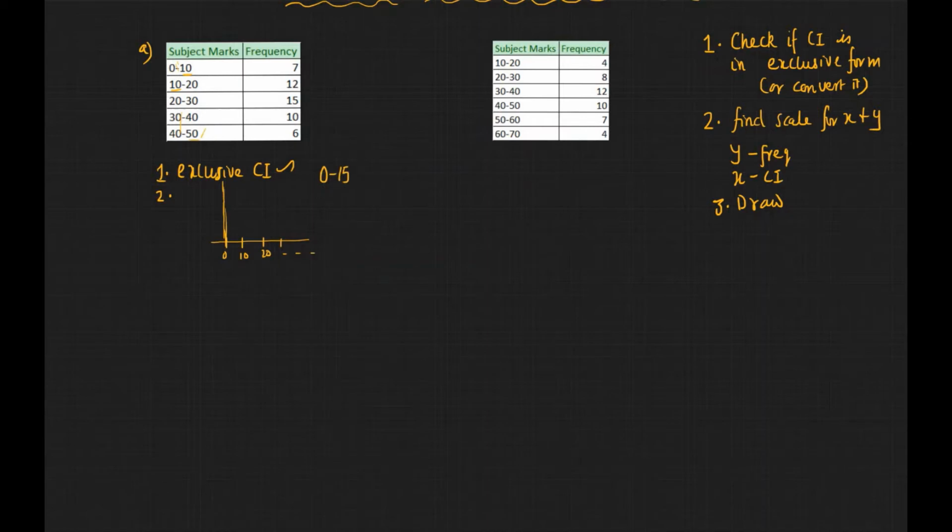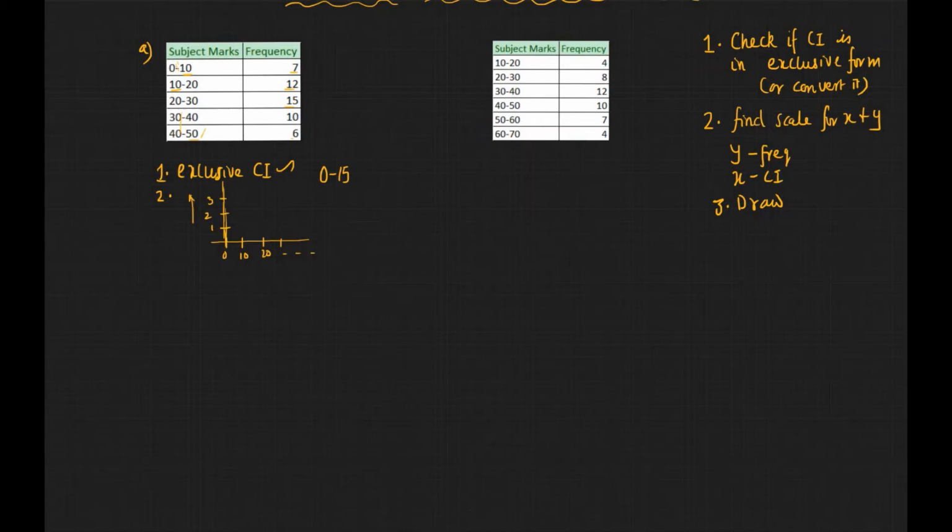We can also see that the frequencies are 7, 12, 15, so there's no common factor. So we can say every 1 centimeter is 1, 2, 3 and so on. We can draw that frequency here. So that's the scale we're going to choose.